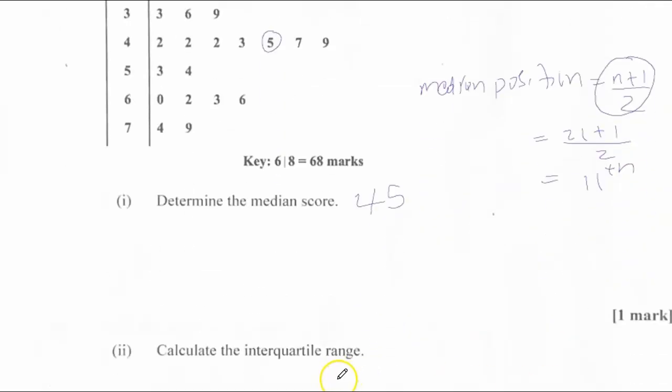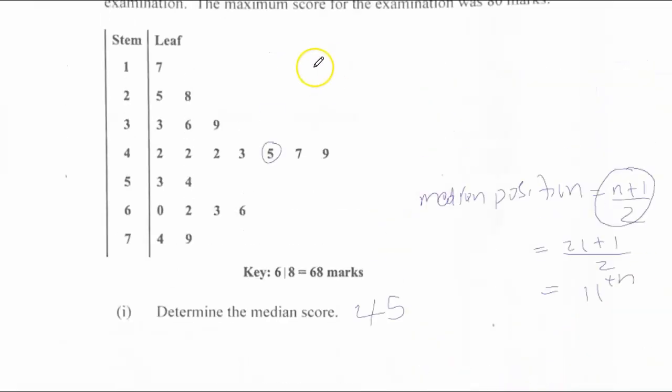Calculate the interquartile range. So let's get the positions now. The interquartile range is upper quartile minus lower quartile. Upper quartile we can call Q3, lower quartile we can call Q1. And again we have formulas for Q3 and Q1. Let me do the lower quartile first. The lower quartile, also called Q1, is n plus 1 over 4.